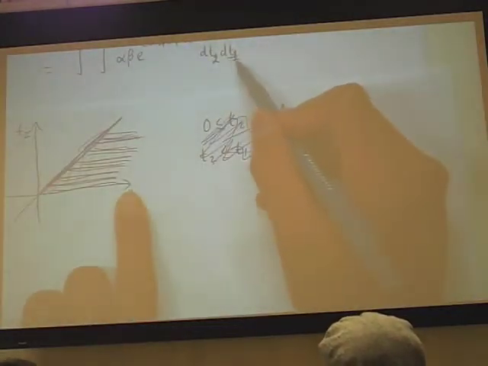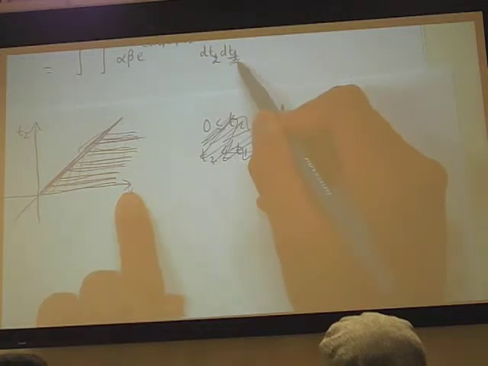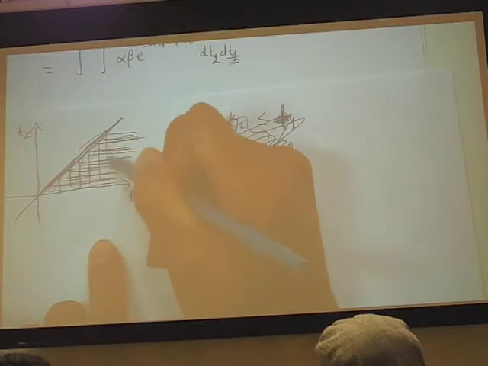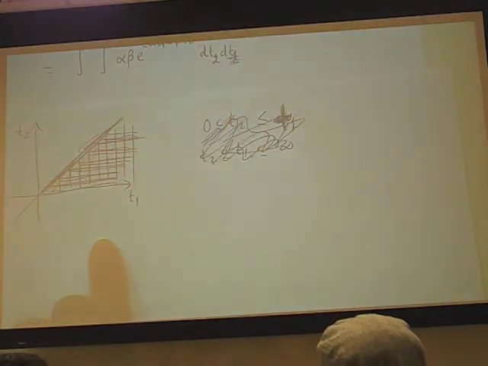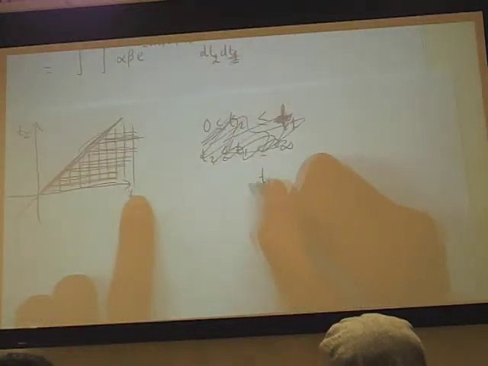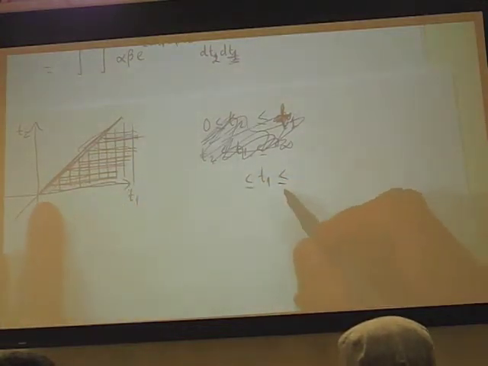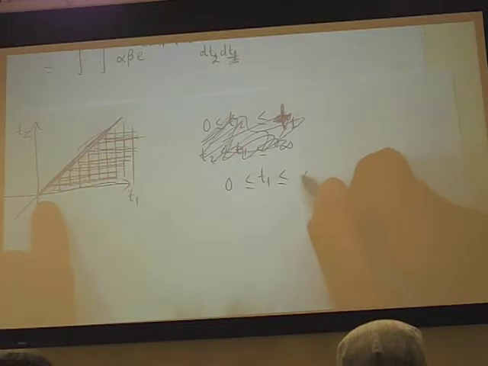Right here now, dt2, dt1 means that I want to look at the change in T1. That one is the vertical lines, right? So for T1, the limit goes from where to where? T1 is going to go from 0 to infinity.